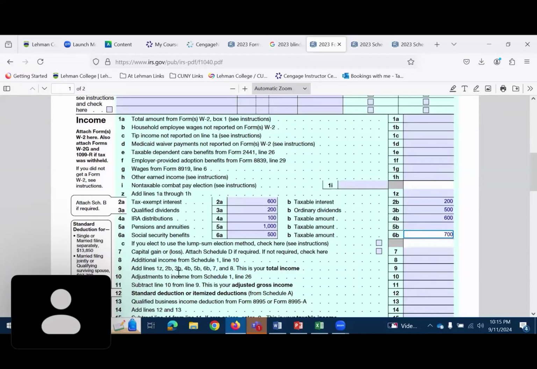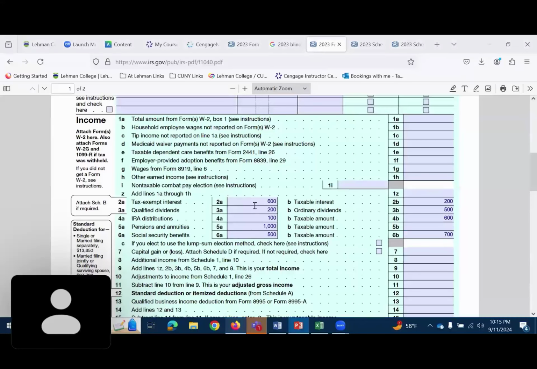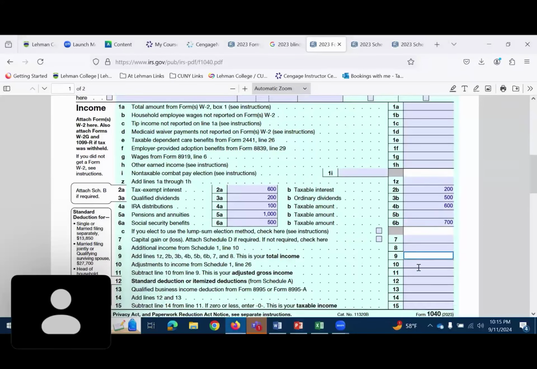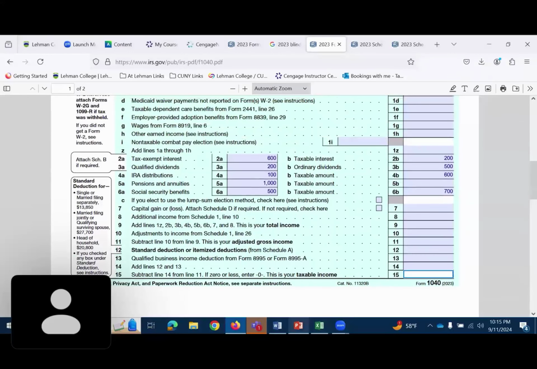So this line here, total income, is asking you to add line 1Z, which adds up all of these, plus just the 200, the 500, the 600, the 700. Income is both taxable and non-taxable, and you have to record it. The non-taxable stuff is reported, but it's not going to be added to this line, which would then become part of your taxable income.